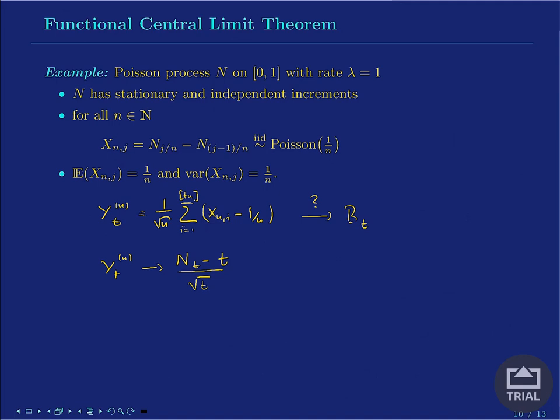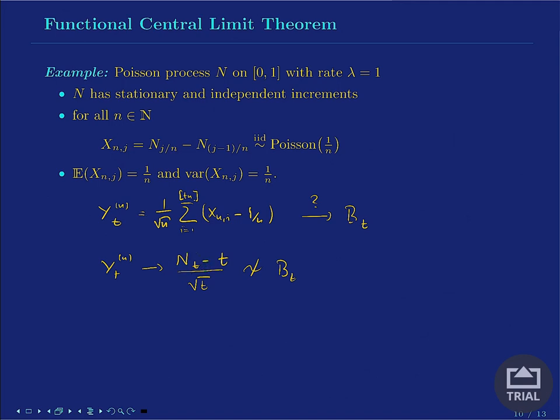And that of course is not a Brownian motion, as we have here a Poisson distribution which is piecewise constant and has, at least here in this part, an integer scaling.